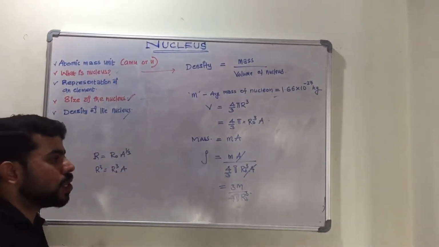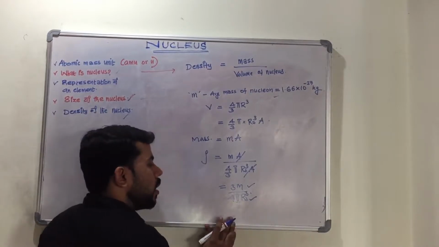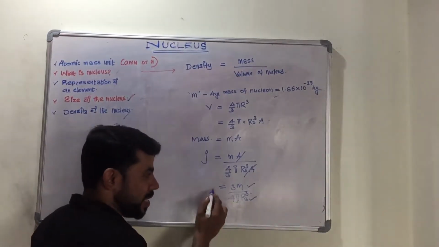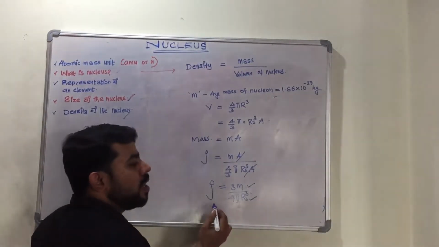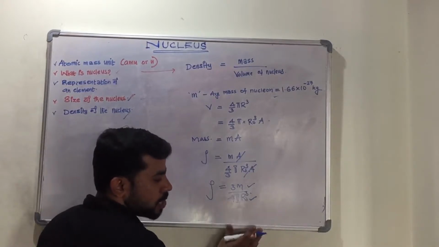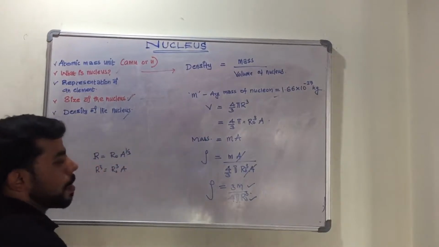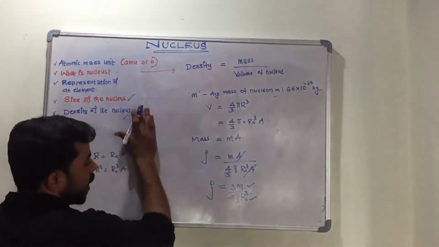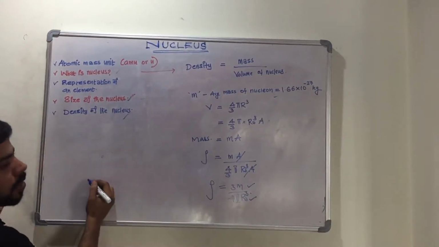See here students, m is constant, R0 is constant, other quantities are constant. That means the density of the nucleus is constant, independent of atomic number or mass number.